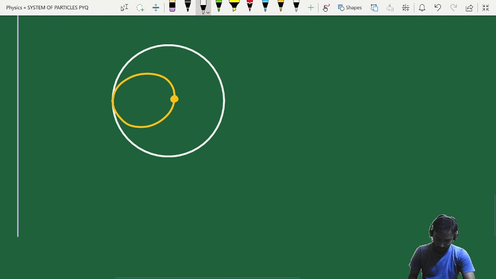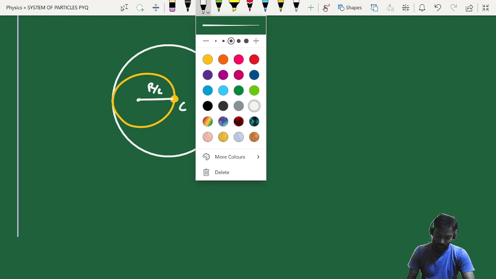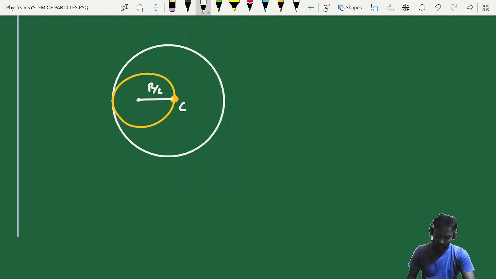This is the center of mass, the original center of mass of the disc, and they have removed a circular portion which is having radius r by 2. Okay, students, now here the radius of the original disc is capital R. We have to calculate the shift in center of mass here.